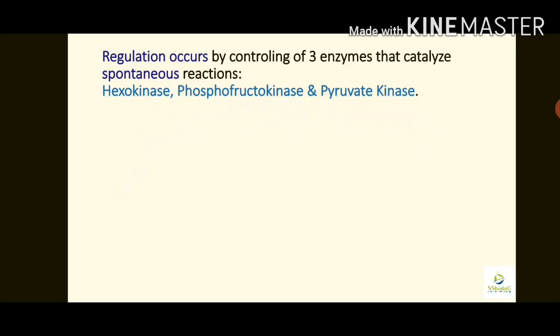As discussed in the initial segments, the regulation of glycolysis occurs by controlling 3 enzymes that catalyze irreversible reactions. The enzymes are hexokinase, phosphofructokinase and pyruvate kinase. The regulation system of glycolysis actually occurs in 2 ways.